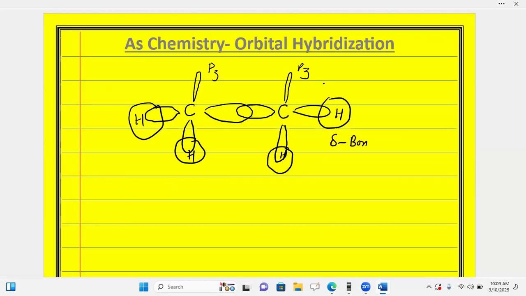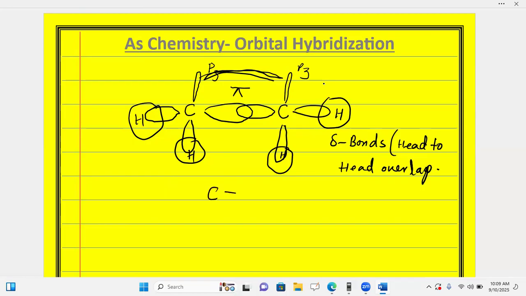Sigma bonds are formed because of head-to-head overlap. But for this PZ, the parallel overlap is going to happen. This parallel overlap is responsible for the formation of the pi bond, which gives the structure C double bond C with H and H on each carbon.